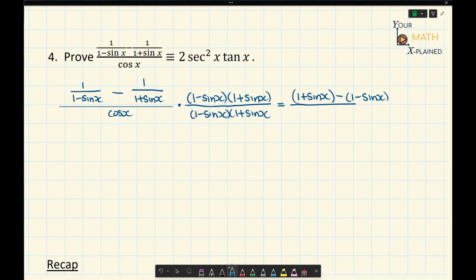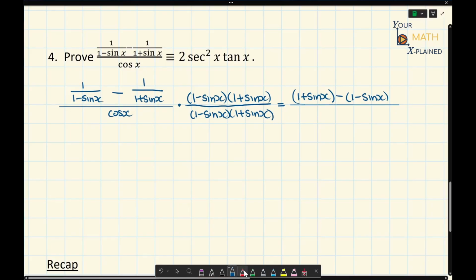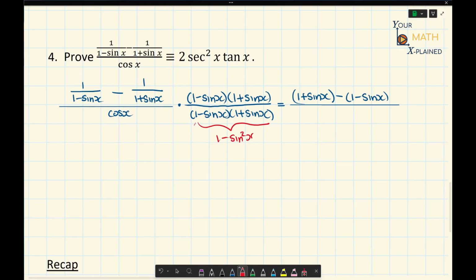And then as for the denominator, if we have 1 plus sine x times 1 minus sine x, that's just 1 minus sine squared x, right? Because it's a difference of squares. But we know that that is equal to cos squared x.